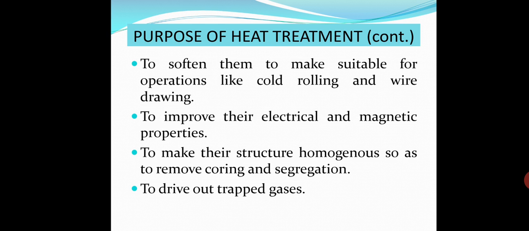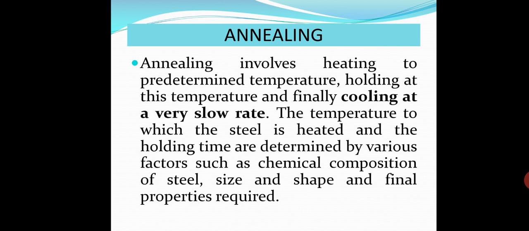Heat treatment is also required to improve electrical and magnetic properties, to make the structure homogeneous so as to remove coring and segregation, and to drive out trapped gases. So these are the requirements or purposes for which heat treatment is done.